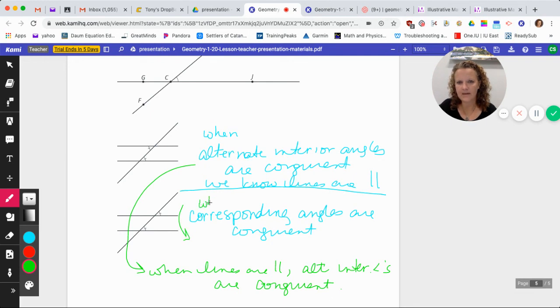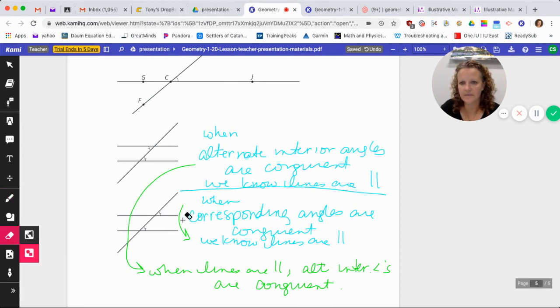First, we can say when corresponding angles are congruent, we know lines are parallel.